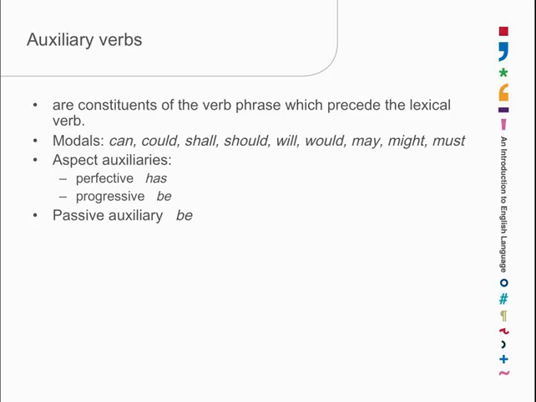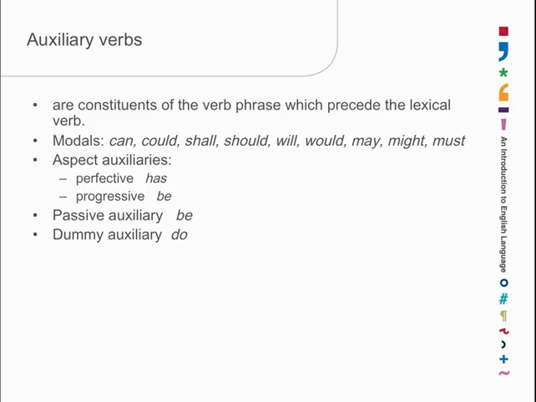John was running. You can't turn that the other way around. Passives are quite tricky, and we'll have to look at those a little later. Can we get all three of them? The meal has been being cooked. Yes, we can. The missionary has been being cooked. Yes, that's possible.